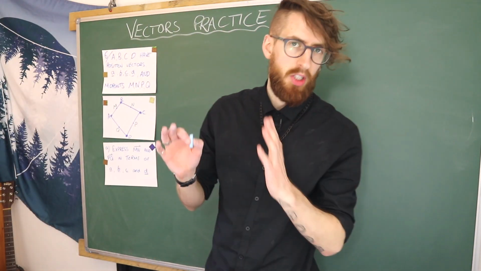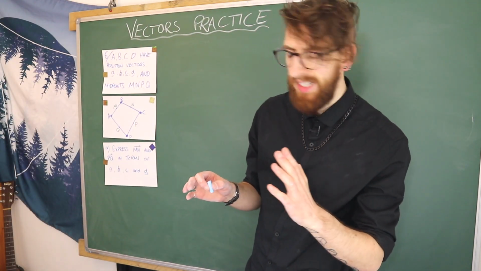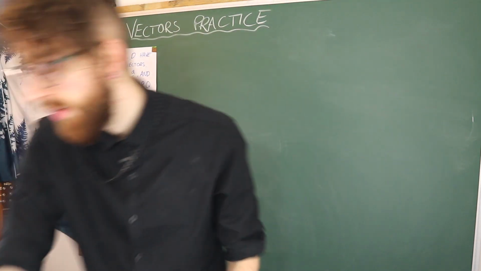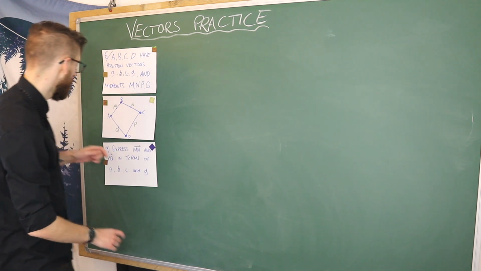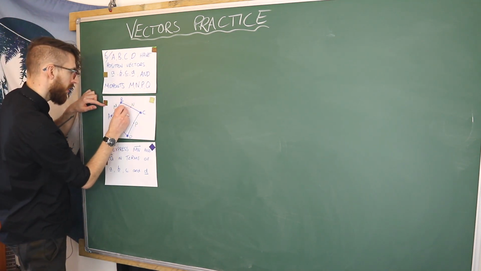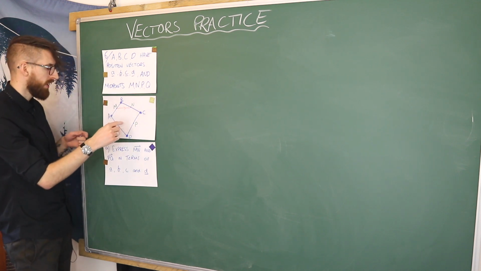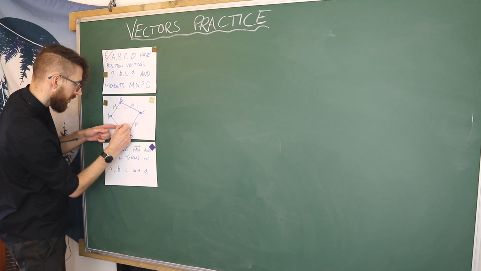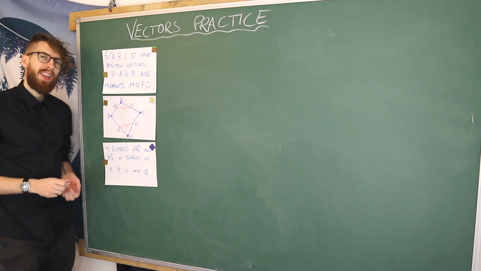So, what I like to do before I do any question is break it down a little bit and say, what does it want me to do? So we need to find two vectors, M to N, direction is M to N, and then P to Q. How are we going to find those?